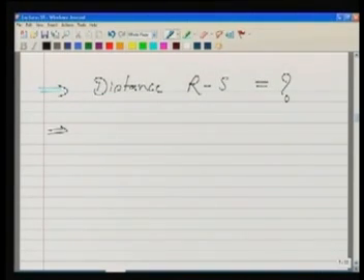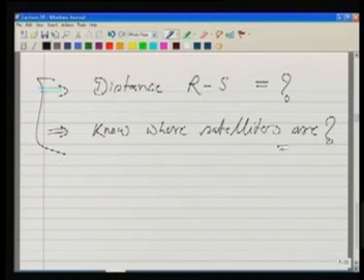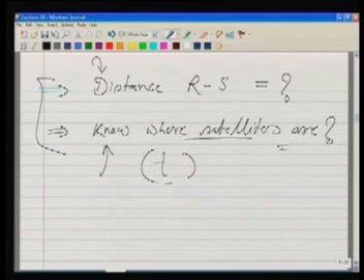Number 2, we were saying that we know where satellites are. So, that is the second question. Now, we would like to find the answer of this, how this distance can be determined, and how do we know the positions of the satellites, where the satellites are at any point in time.